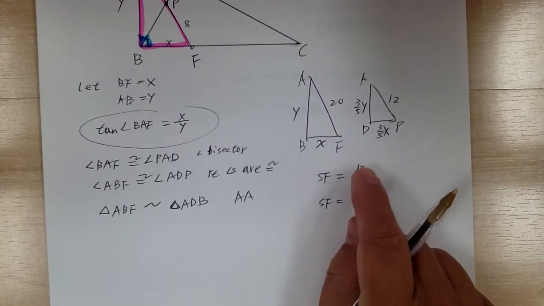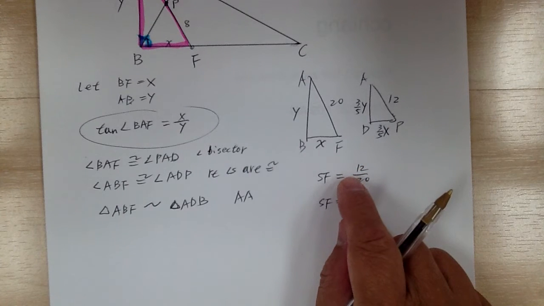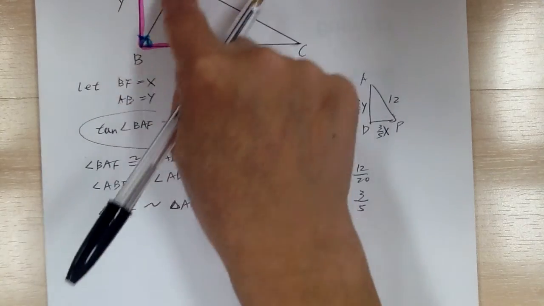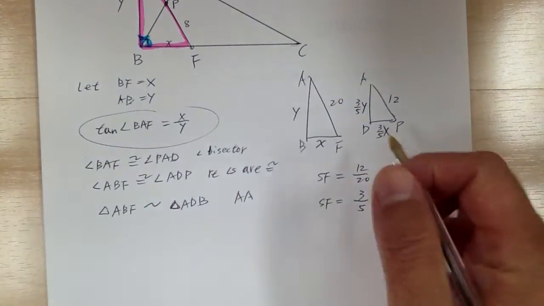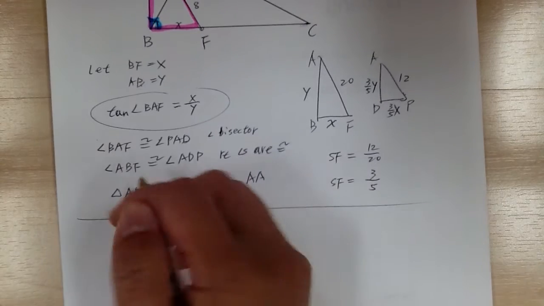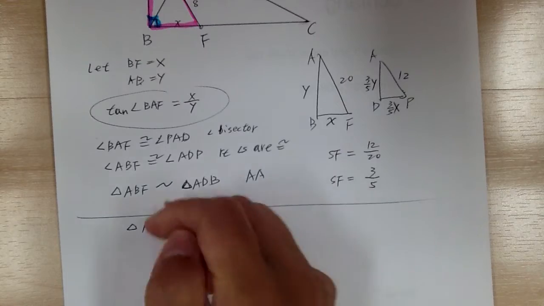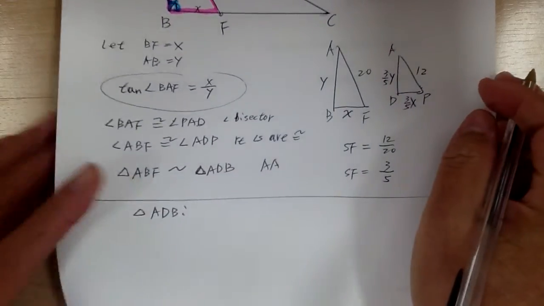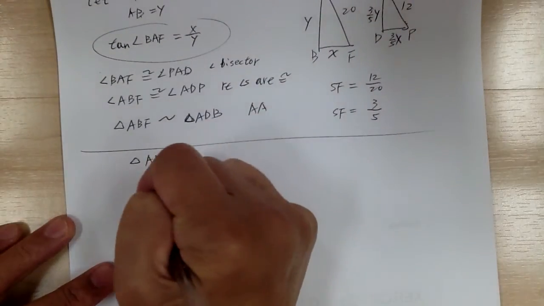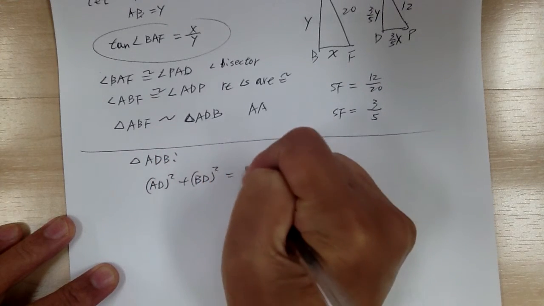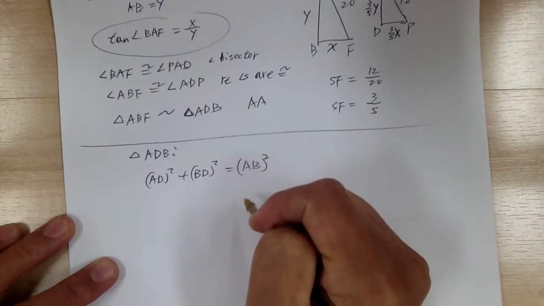Okay, what we're going to do next is apply the Pythagorean Theorem. So we're going to look at this triangle, triangle ADB. So you've got AD squared plus BD squared equal to AB squared.